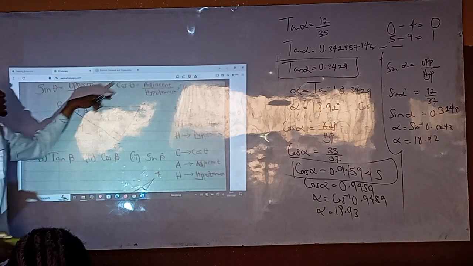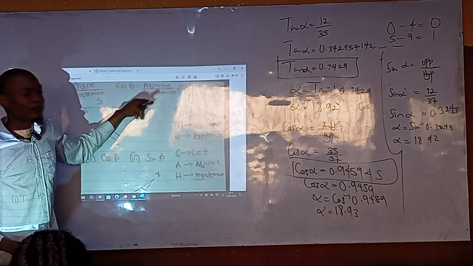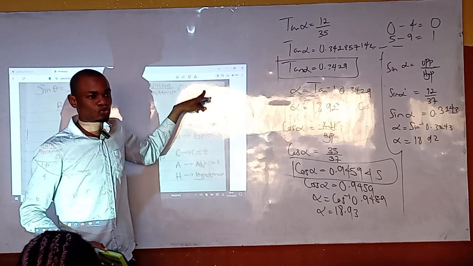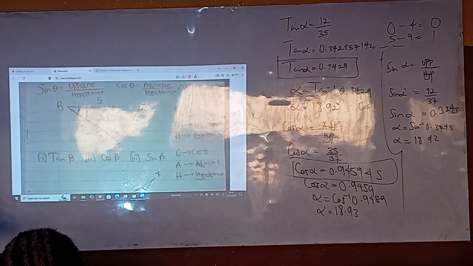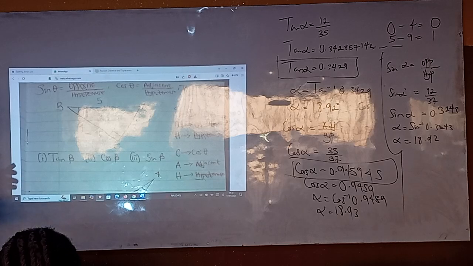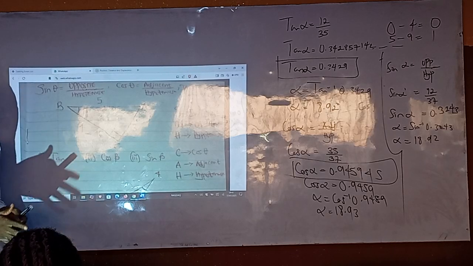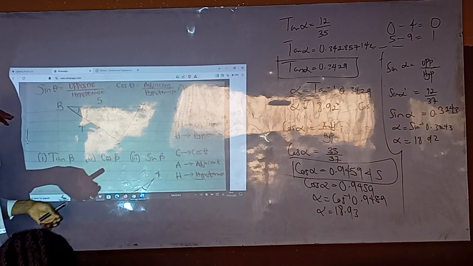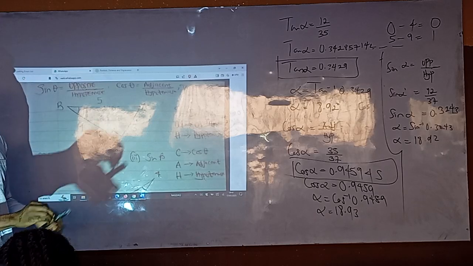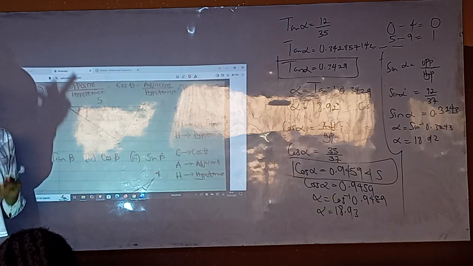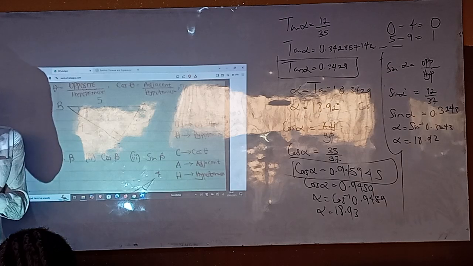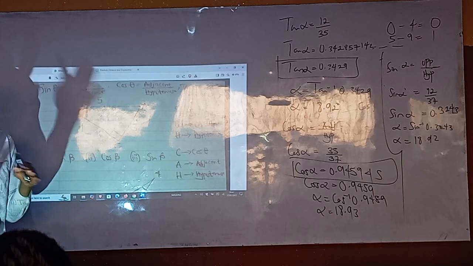Cos theta equals adjacent over hypotenuse, and tan theta equals opposite over adjacent. You need them on that first question based on the JAM syllabus. Mostly they don't bring out Pythagoras or vector. This is where the question comes from: a question related to bearing and distances, which will form a right angle triangle for you. That's what you see mostly.